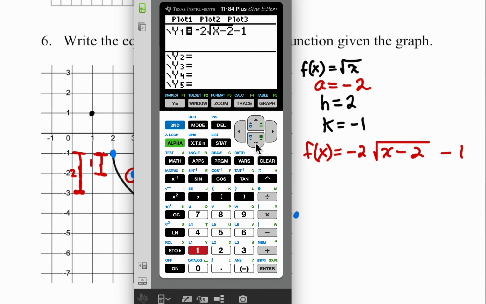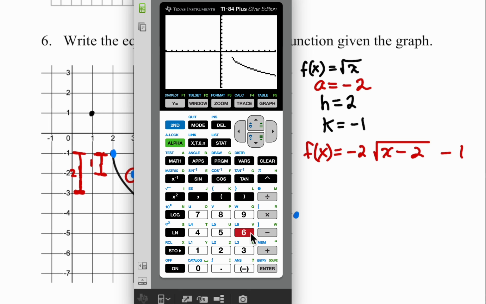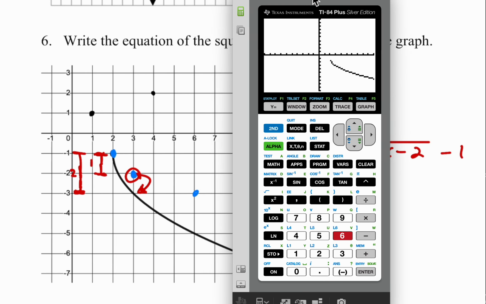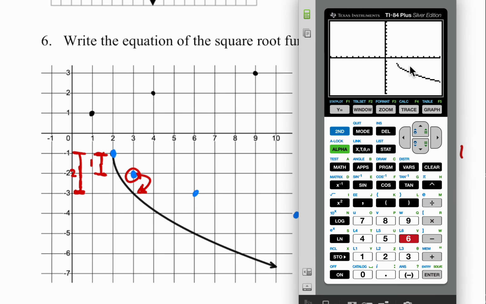All right, 2 ways to handle it. One would be to look at the picture, just a quick eyeball. So zoom 6. You take a look at this graph and compare it to the one that's on paper and see if it looks roughly the same. Maybe it does, maybe it doesn't.